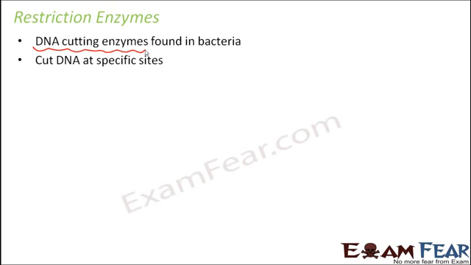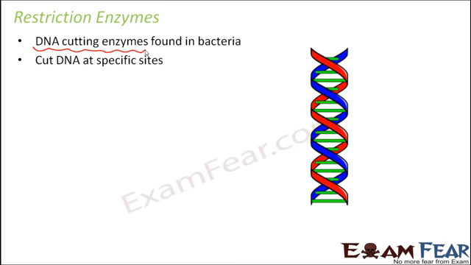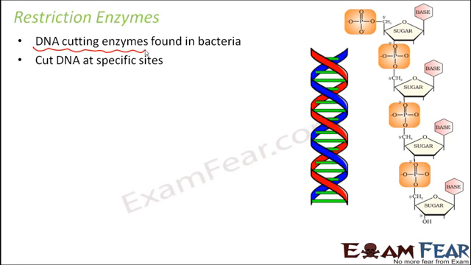If you remember the structure of DNA, it is nothing but a double-stranded structure. So when I say that it needs to be cut at specific sites, what actually are we cutting? This is how the double-stranded structure looks, and if you look at the structure in even more detail, what is DNA?